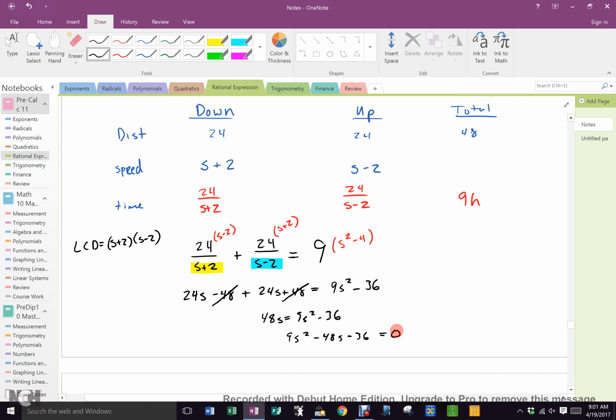Then what? Factor. What's coming out of there? 3. 3S squared minus 16S minus 12. Factor that. What is it?